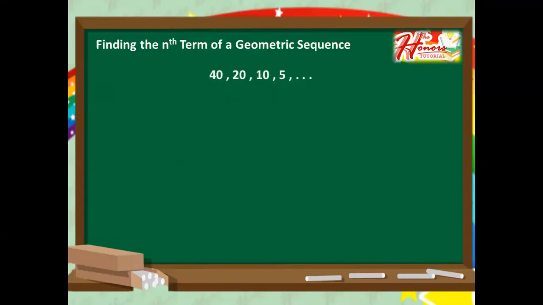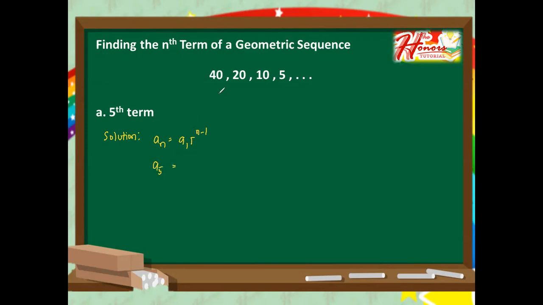So now let's look for the nth term of a geometric sequence. How are we going to do that? For the fifth term, this is our formula. Let's write the solution. a sub n is equal to a sub 1 times r raised to n minus 1. So a sub n will become a sub 5 because we are looking for the fifth term.